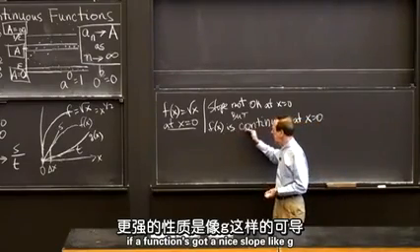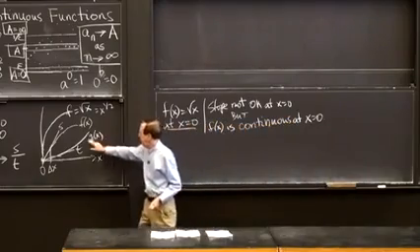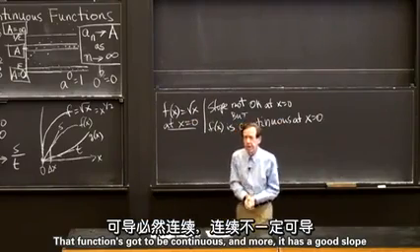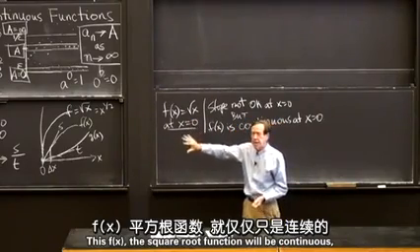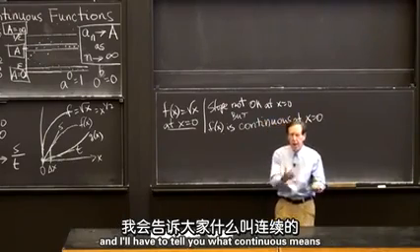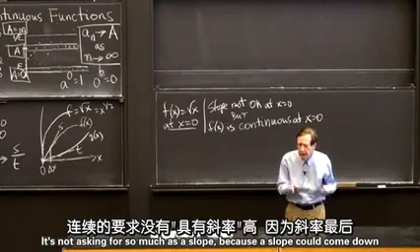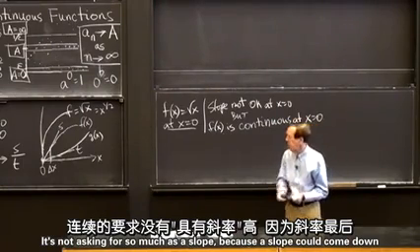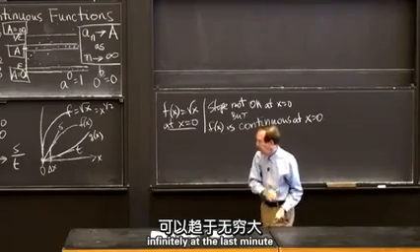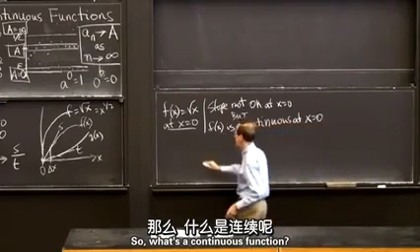If a function's got a nice slope, like g, that function's got to be continuous, and more, it has to have this good slope. This square root function will be continuous, and now I have to tell you what continuous means. It's not asking for so much as a slope, because the slope could come down infinitely at the last minute.